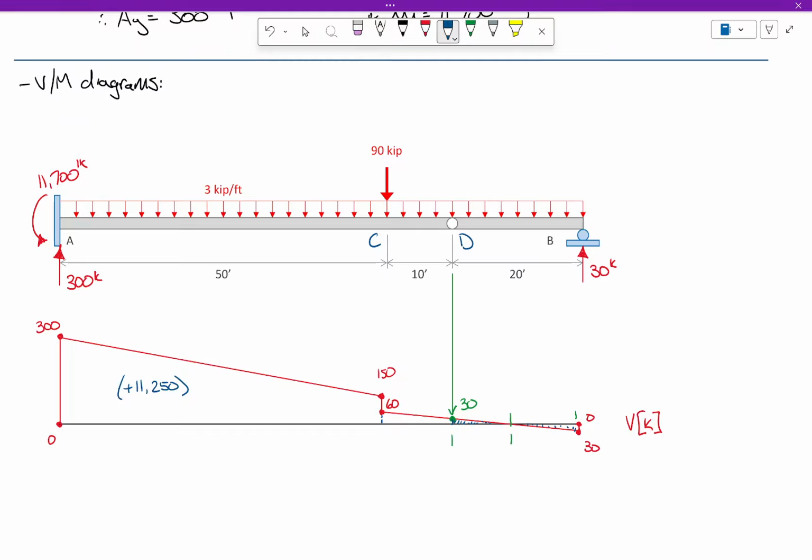But we go from 30 to, oops, that's negative 30. Over a distance of 20 feet, we go from 30 to minus 30. So how wide are each of these? 10, right? Because we go from positive 30 to negative 30 over a 20 foot. So this is 10 feet.